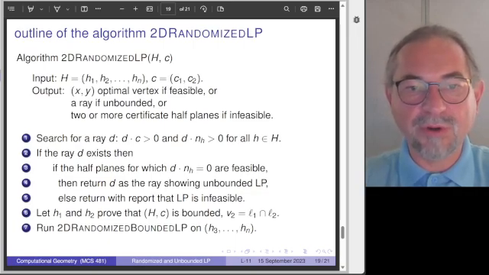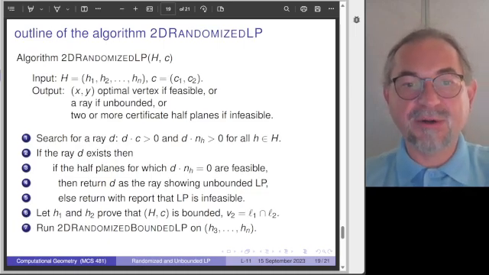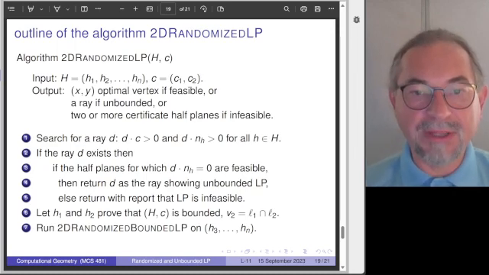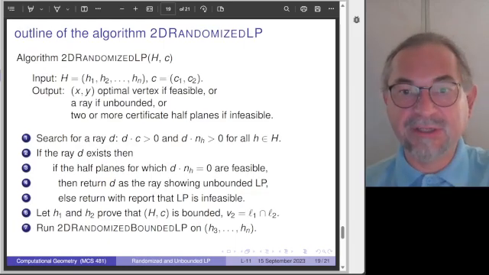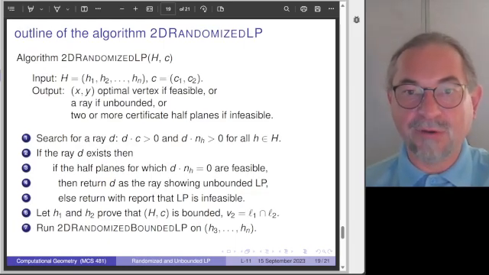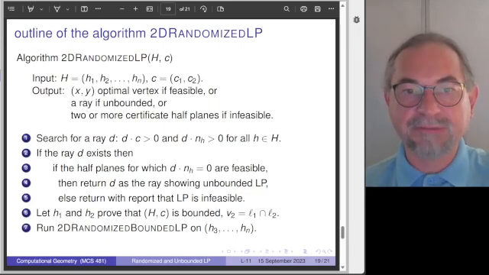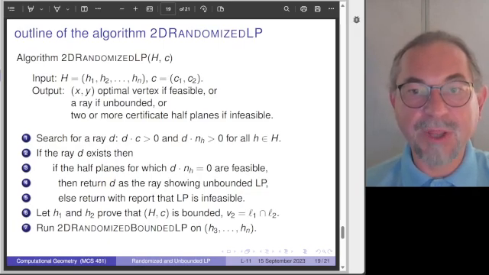So we will check first whether the problem is unbounded or not. If the problem is unbounded, then actually the value of the optimum is infinity. So we look for the optimal vertex. Well, actually, we have the ray that is unbounded.